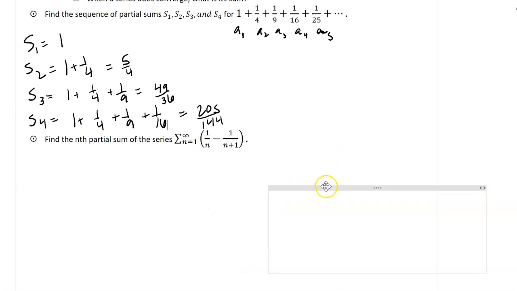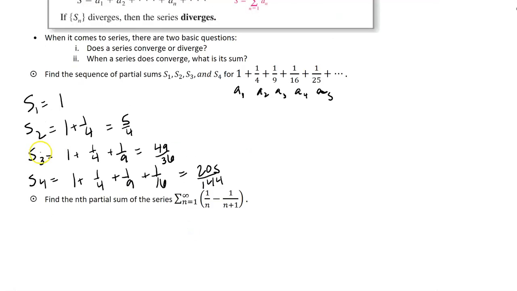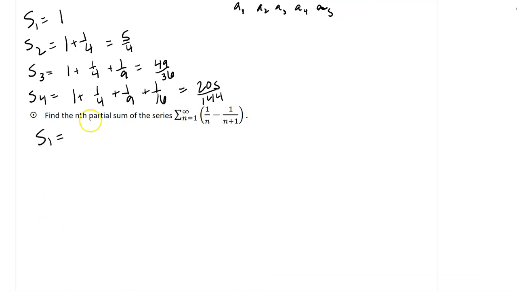Now this particular problem says find the nth partial sum of the series from 1 to infinity of 1 over n minus 1 over n plus 1. So with one like this, I'm going to look at a couple of terms and see what happens. So s sub 1 would be just a sub 1, which is going to be 1 over 1 minus 1 over 2.